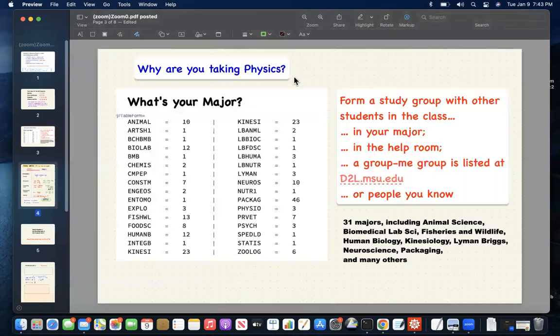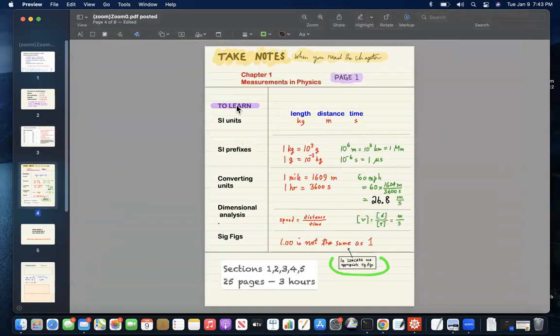All right. Take notes when you read the chapter. So let's look at chapter 1. The title of chapter 1 is Measurements in Physics. Read the chapter. It says here 25 pages. Spend about 3 hours reading the chapter.